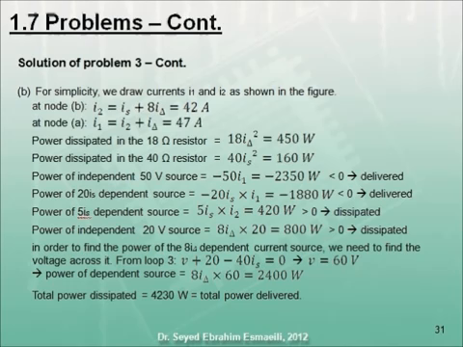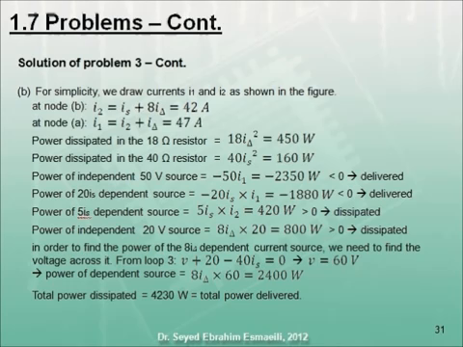Since the current in the independent voltage source of 50 volts is flowing in the direction of voltage rise, the power equation is written as P equals minus 50 I1, which equals minus 2350 watts. Since the power is negative, it means that it's being delivered or generated.